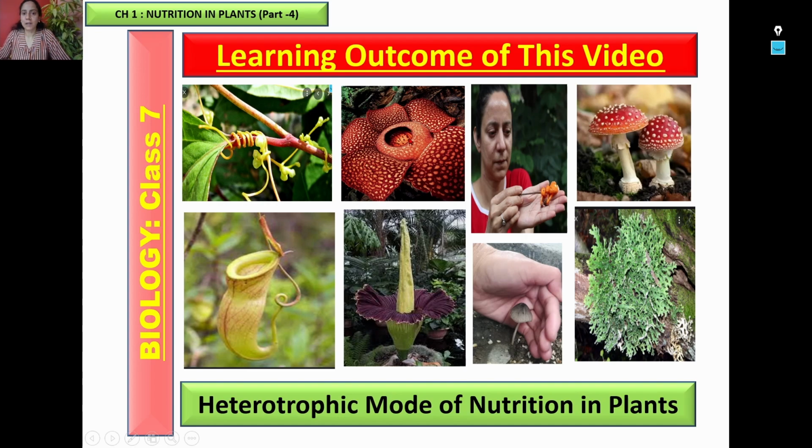Why this Rafflesia, which is the largest flower of the plant kingdom, is called total parasite. How saprotrophs, like fungus, are drawing their nourishment from dead decaying organic matter. Why lichens are called symbionts. If you are able to answer all these questions by merely looking at these pictures, this means you have understood the basic thing and you will be able to retain it for the longer run.